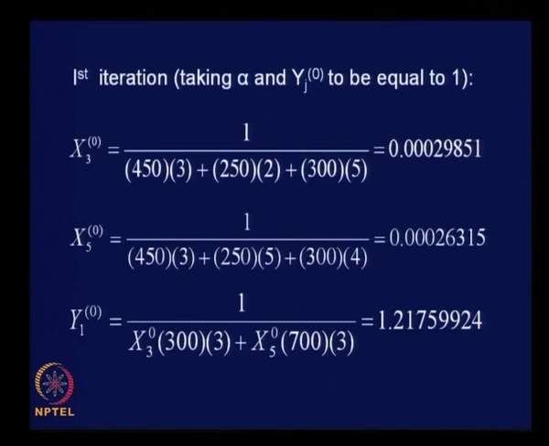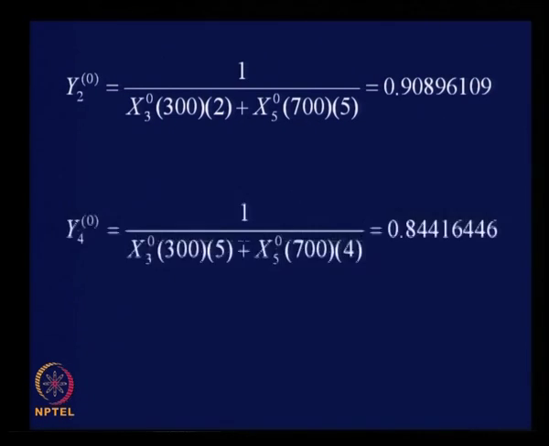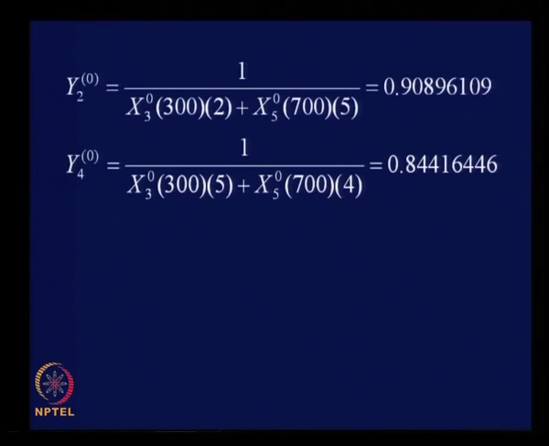y1 0, on the same lines we substitute the known values and we get a value of 1.21759924, again holding the same number of decimal places. y2 0.90896109, y4 substituting the corresponding values we are getting 0.8441646.